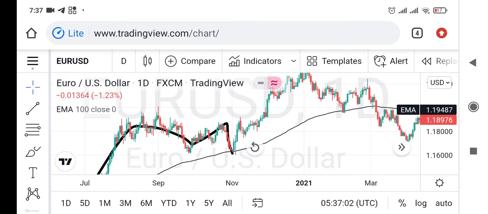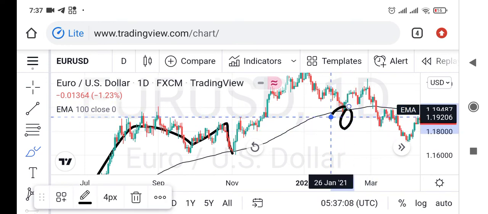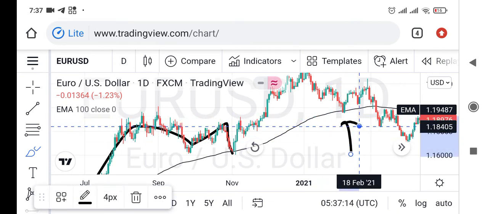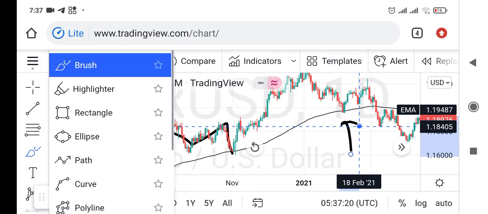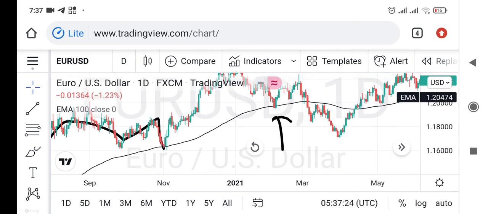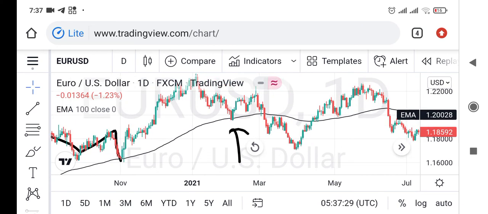Similarly, right here, further down, see the market create resistance, not resistance but support. See, it creates support down there, and we go back again. But since the market is not a very simple place.